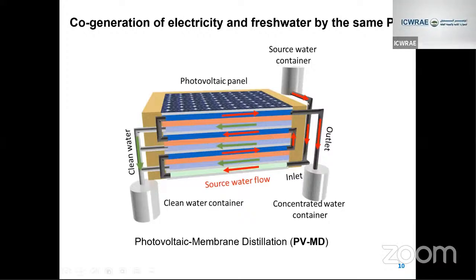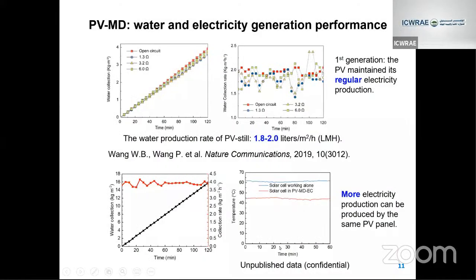So we call our system photovoltaic membrane distillation, or PVMD. In 2019, when we first published this concept, the freshwater production performance by seawater desalination was around 2 LMH, liters out of 1 square meter each hour.